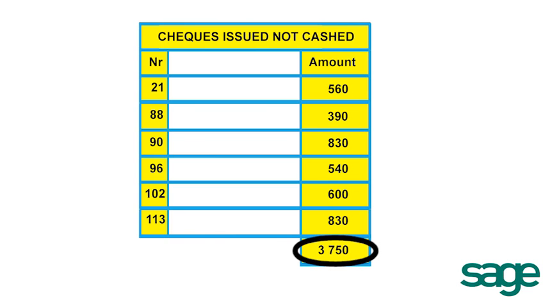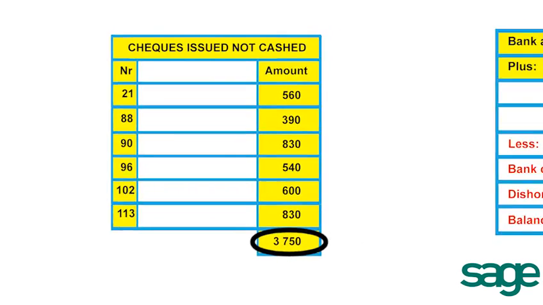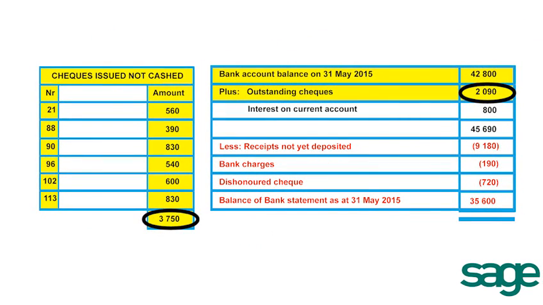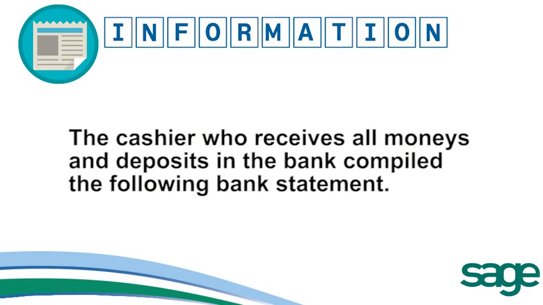So we compare 3,750 to what we have as outstanding checks in the reconciliation statement. But it doesn't add up. $2,090 is what she has got in the bank reconciliation statement. So the cashier who receives all money and deposits it into the bank account compiled the following.